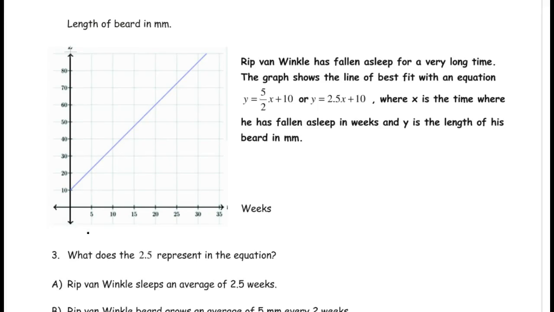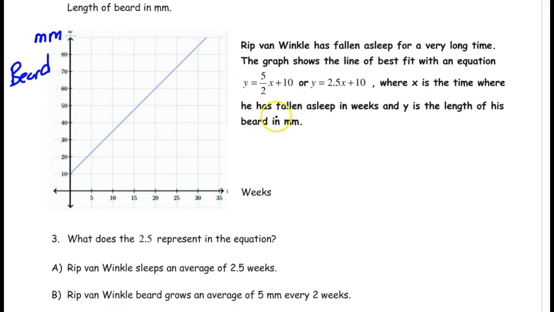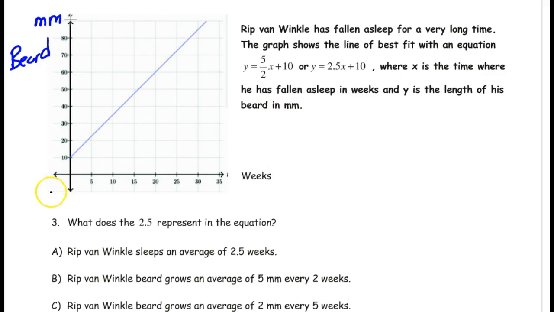Okay. Looks like we got a graph of length of beard in millimeters. So this is the length of the beard in millimeters, on the y-axis. Same idea, just more practice of the same thing. So what does the 2.5 represent, or the 5/2, another way of looking at it?